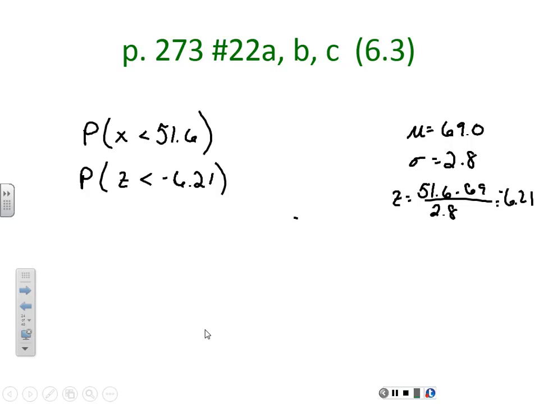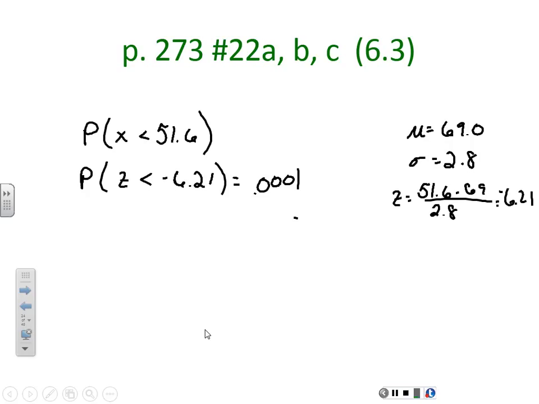Since we're looking at the negative, we're looking at the area to the left, and negative 3.5 and lower is 0.0001. We can't say it's impossible, but it's pretty close to impossible. So the probability that a man can just walk right through that door is less than 1/100%.